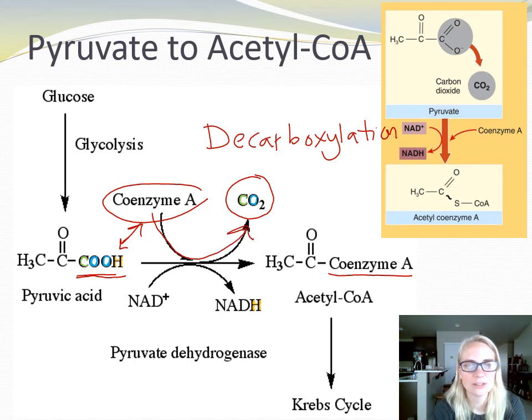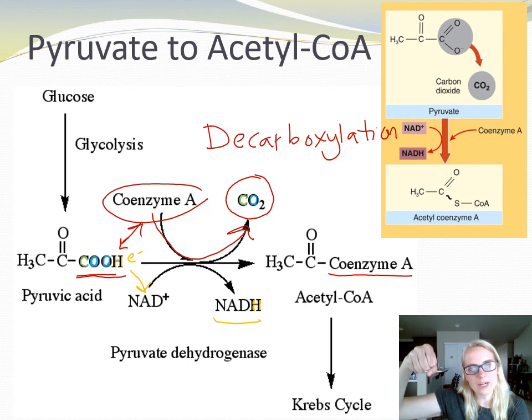And that H, take a look, we have an NAD plus to an NADH. So the electrons that are hanging out with that hydrogen go to the NAD plus, giving us NADH. That is another redox reaction. So again, we are stripping some electrons away from the pyruvic acid, storing them in another electron bucket, right?